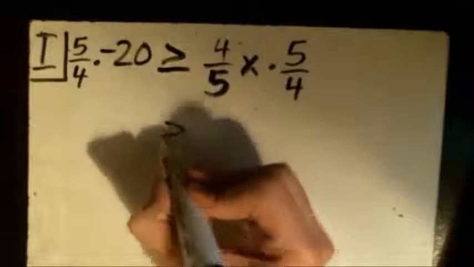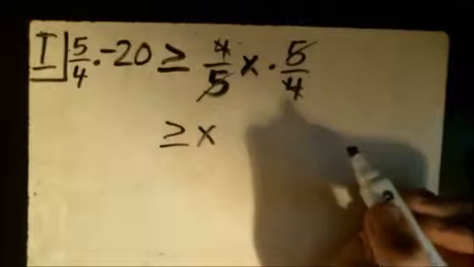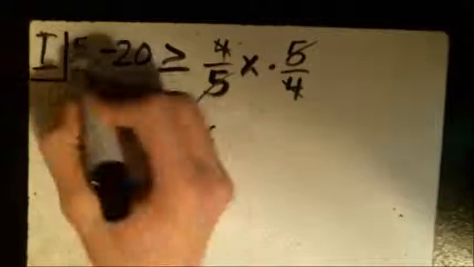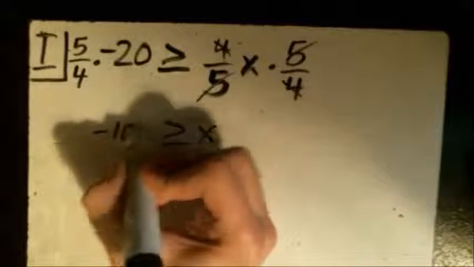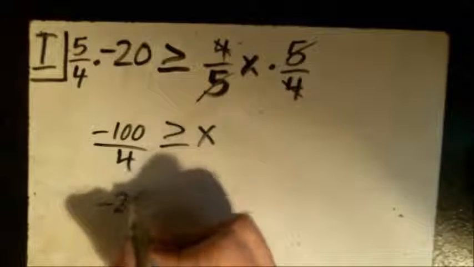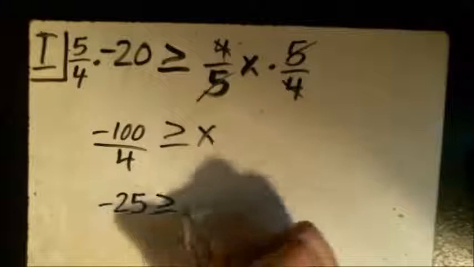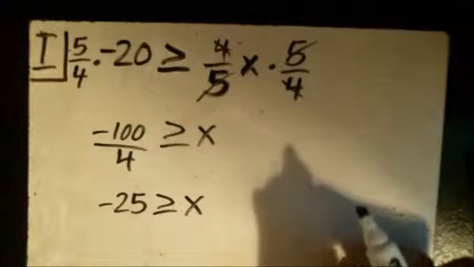All right, so I didn't multiply by a negative, so my sign's going to stay the same. My 4/5 and my 5/4 cross each other out. So I'm left with x on that side, 5 times negative 20 would be negative 100 over 4. And negative 100 divided by 4 would be negative 25, is greater than or equal to x.